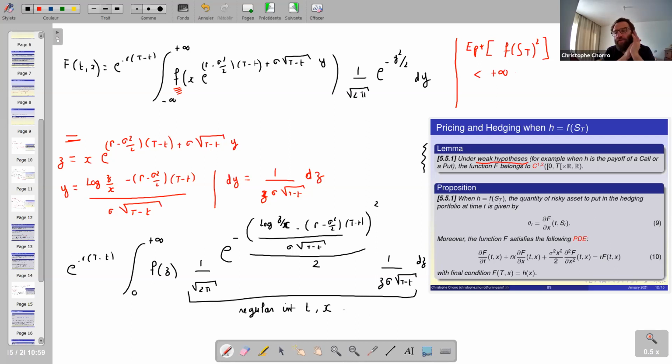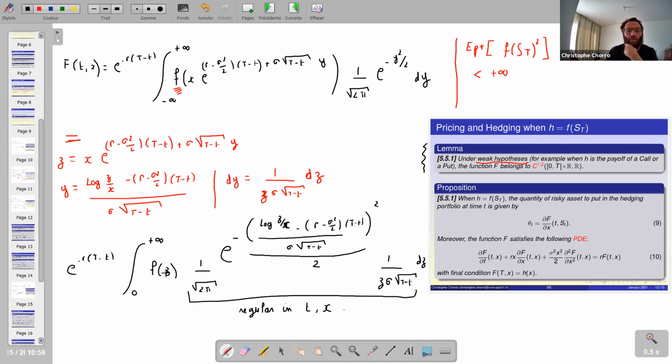And why do I do this? Because I know that the density of the normal N(0,1) is regular. Now it means that in order to prove this lemma 5.5.1, instead of starting the problem with this form here, if I transform it into this kind of form, I will be able to use a Lebesgue type theorem in order to do this.